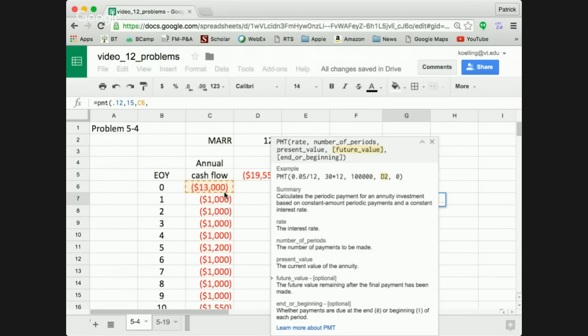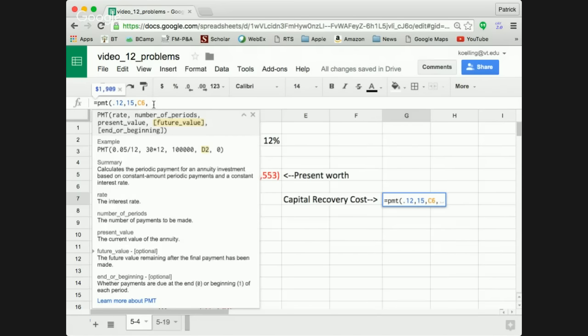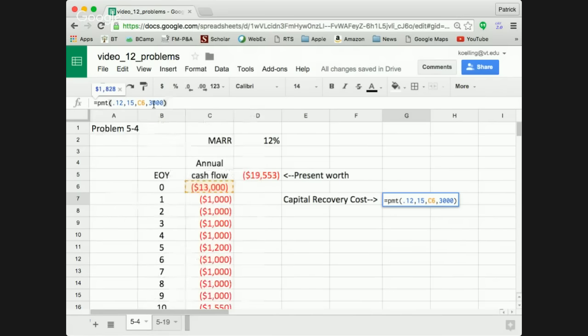Since I haven't really entered that number, it's part of the last cash flow, I'm just going to type that number in as $3,000. Notice that I'm putting in exactly the same sign as the cash flows are. I'm closing that up, and there's the number, $1,828. Now, let me say something about that number. Notice the label on it is capital recovery cost.